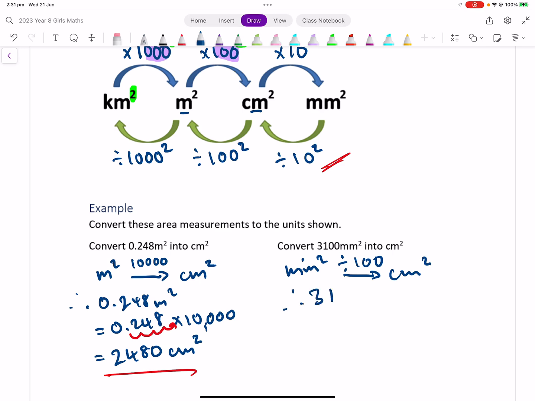Therefore, 3,100 millimetres squared equals 3,100 divided by 100 equals 31 centimetres squared. Yeah, hopefully that makes plenty of sense for you.